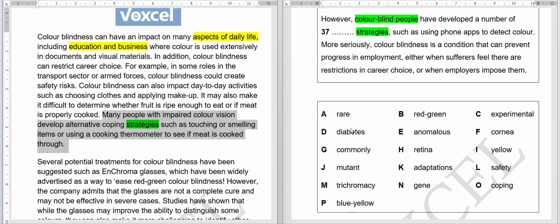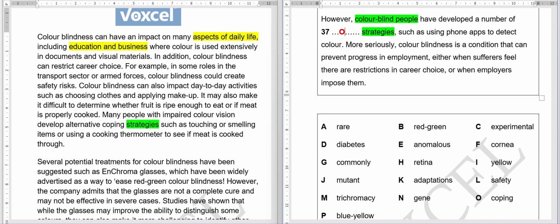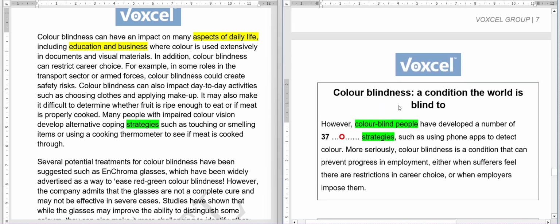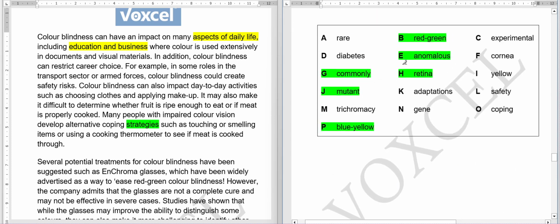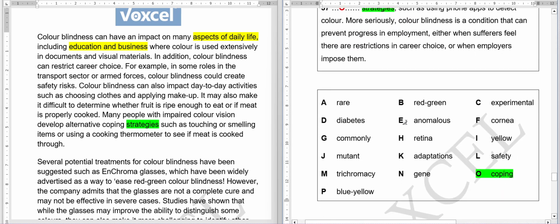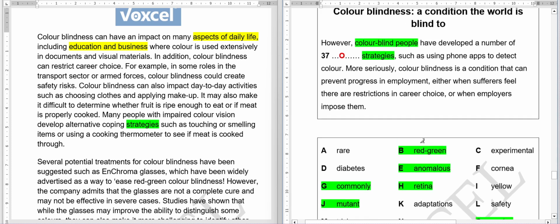Okay, time's up. What I'm going to do is write the answer here and see whether you arrive at the correct answer or not. And the answer is O, coping. Let me mark here. So I have marked other options as well: B, E, H, G, J, P. So this was only one option.